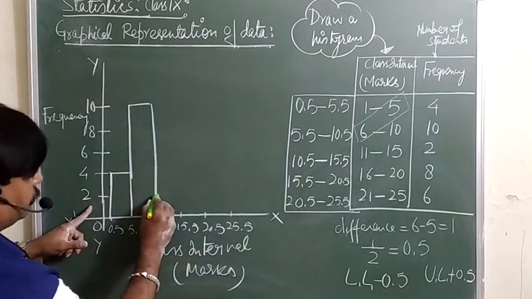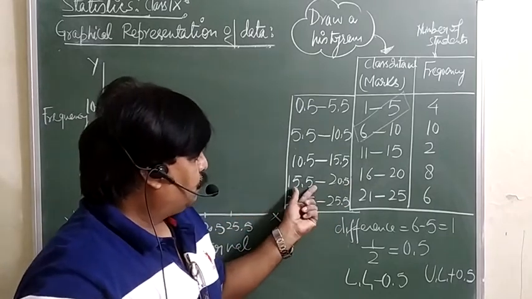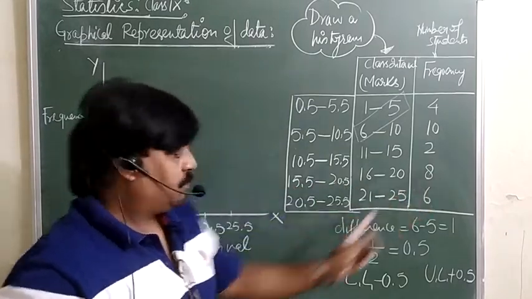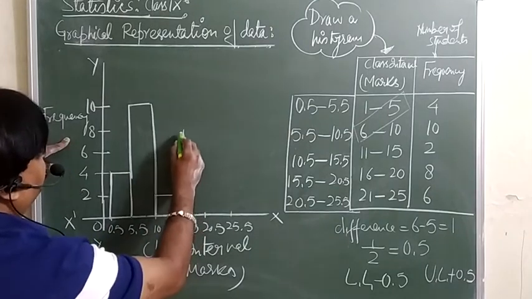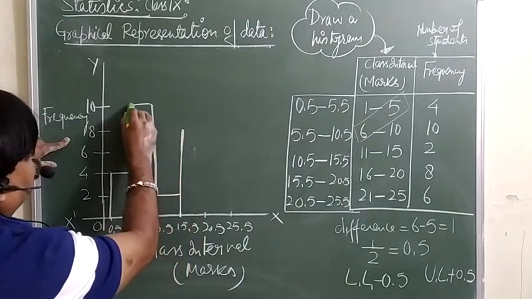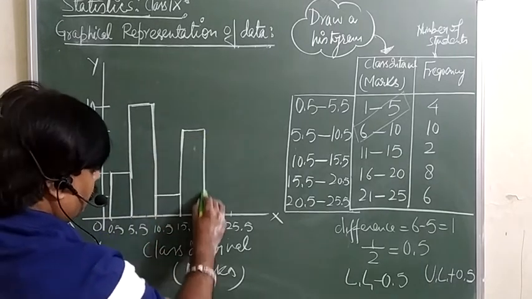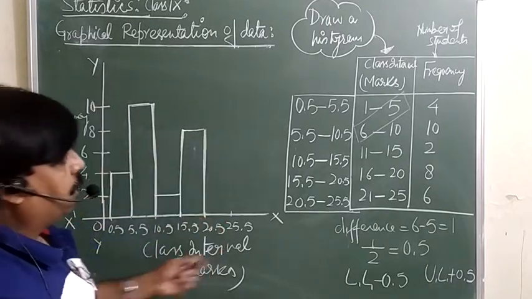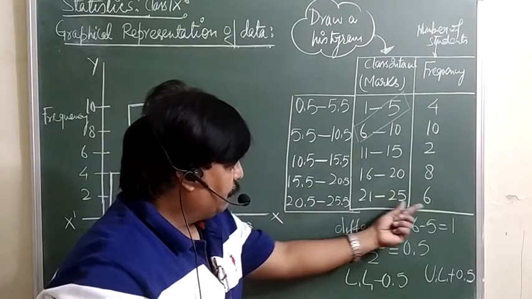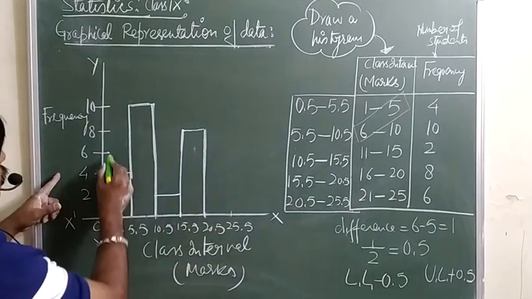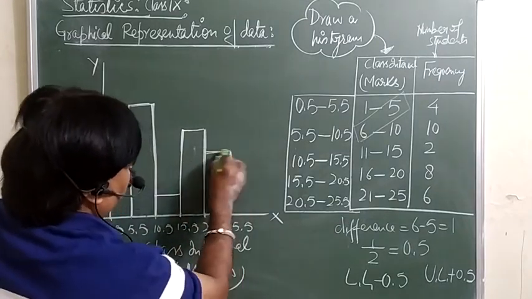So here. Then 15.5 to 20.5 is 8. So your block will be up to here only. Roughly we are going to draw, that's why; if you draw this on graph paper, it will be accurate. See, now 20.5 to 25.5 is 6. So here only. So this is your histogram.